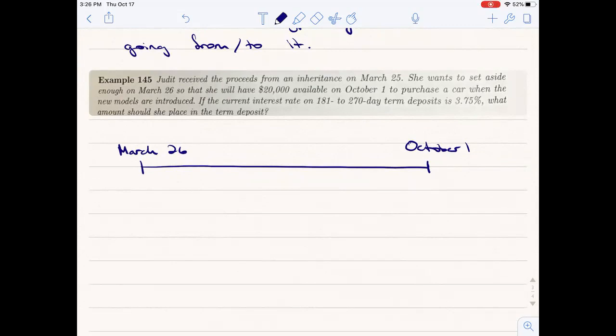We've got the beginnings of our timeline. Underneath our dates, we put our amounts. What we know is that we have to have $20,000 on October 1st. So what we have to do is pull this backwards to find P. Because if we're pulling it backwards, P is always on the left, future values on the right.